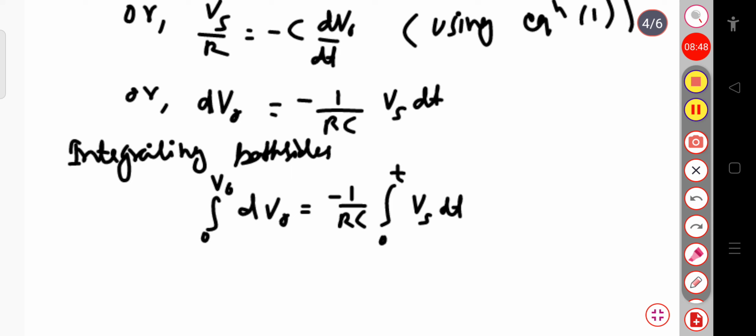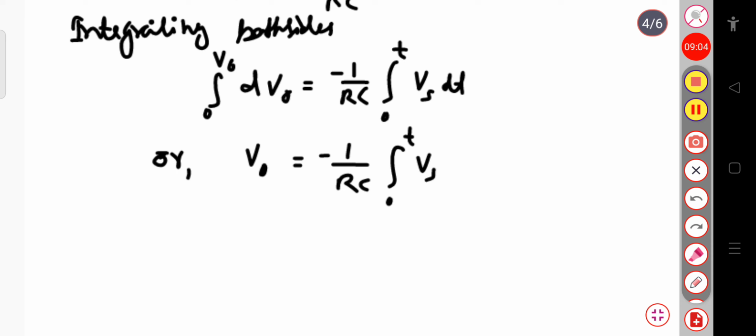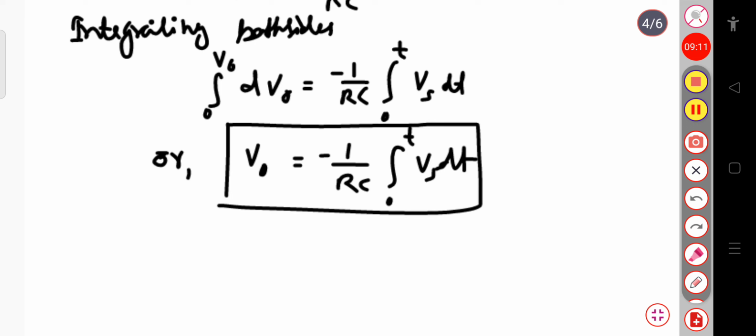Now if I solve it further, the integration of dVO simply gives VO, that is equal to minus 1 by RC into the integration over 0 to T of Vs dt. From this expression you can see the output voltage is the integral of the input signal voltage, with an inversion since there is a negative sign, and a scale multiplier of 1 by RC.